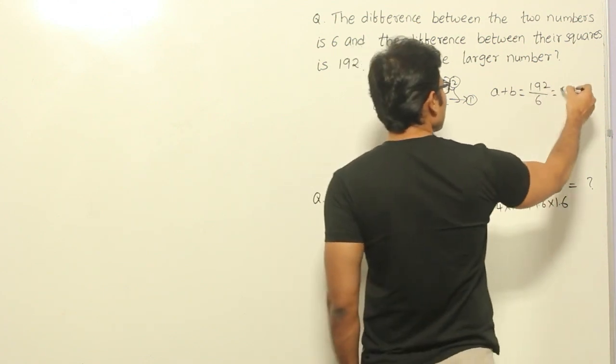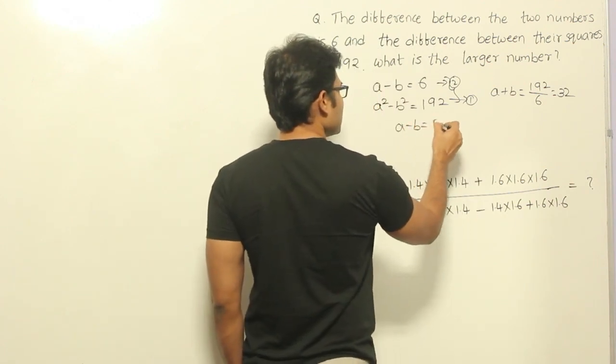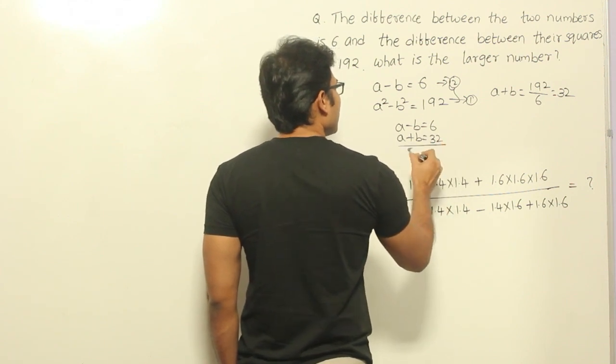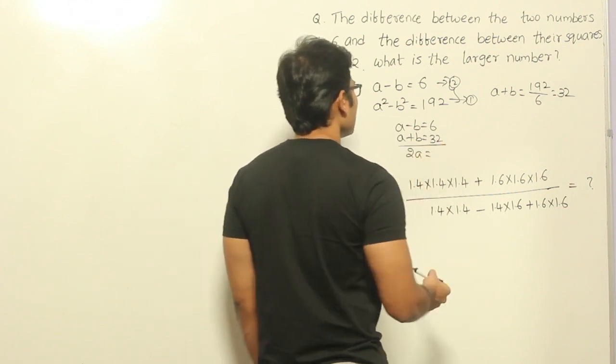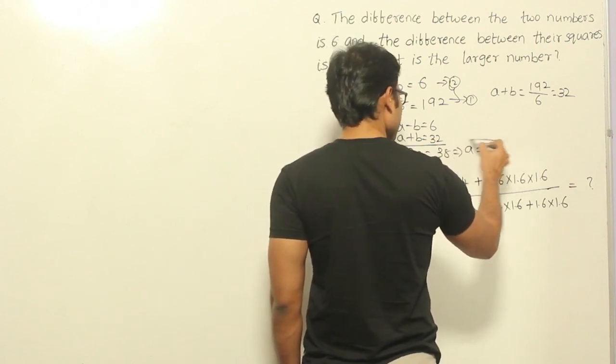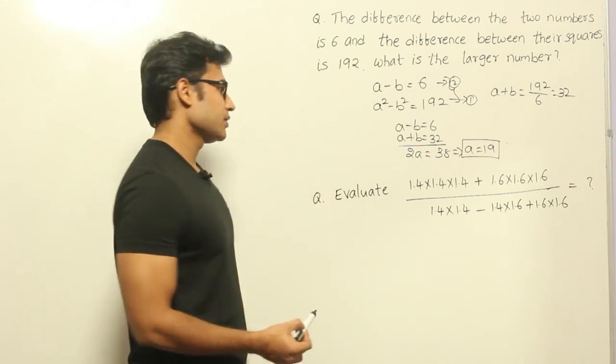Now this is going to be 32. Therefore a minus b is 6 and a plus b is 32. Now from this you can get that 2a equals 38 and a equals 19. Right? So the larger among these two numbers is 19.